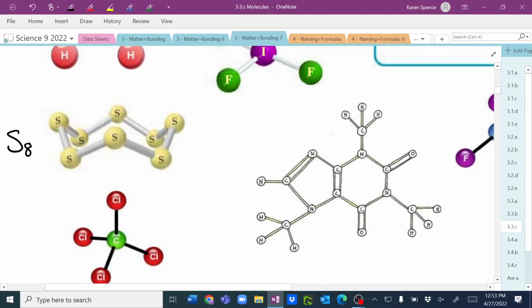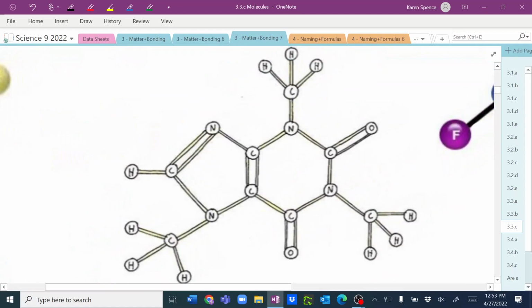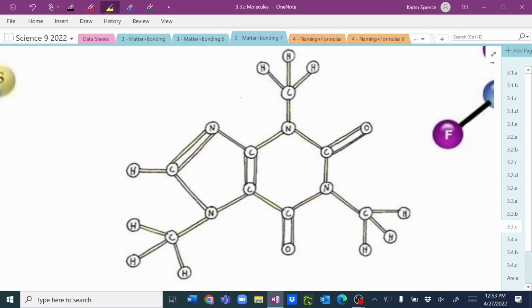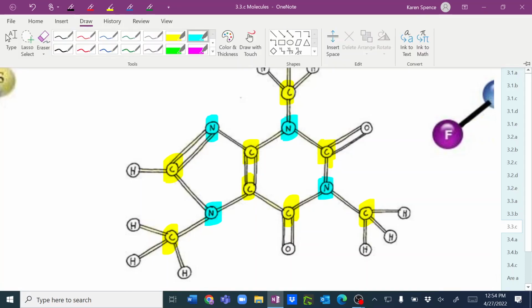But if we zoom in, you can see it's got carbons, okay? It's got nitrogens. And if you wanted to spend your time counting them up, you could write a formula for this thing. Yes? It's got oxygens.